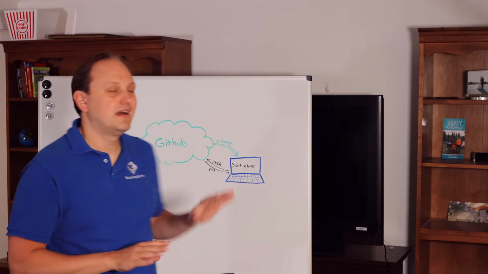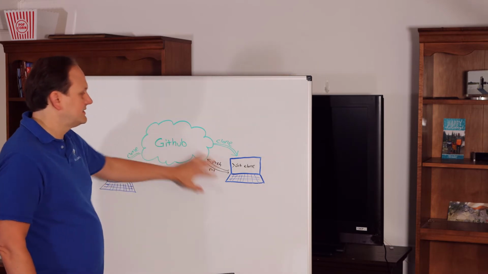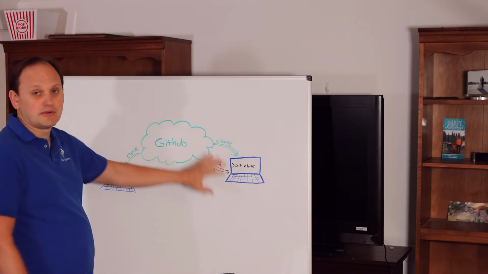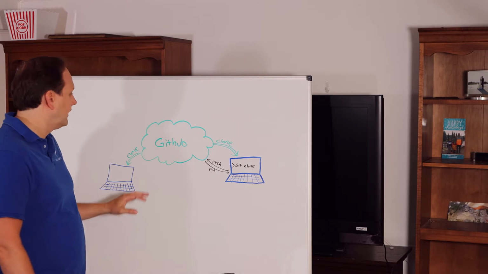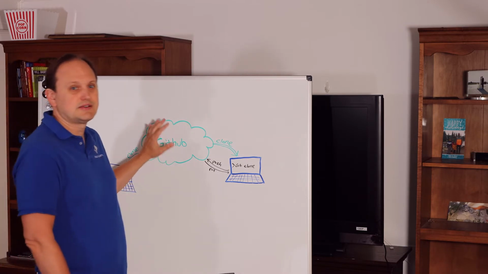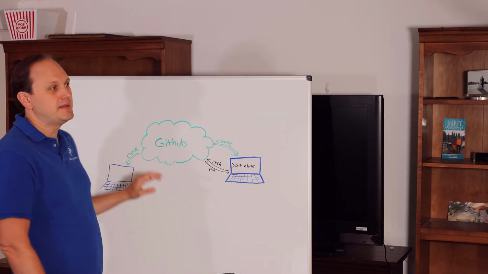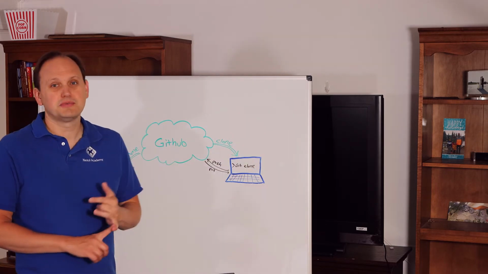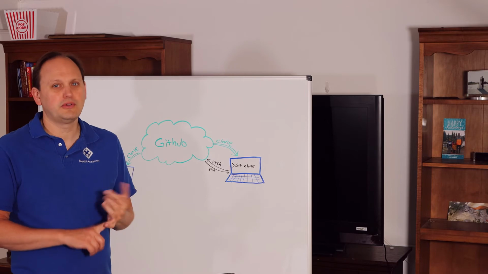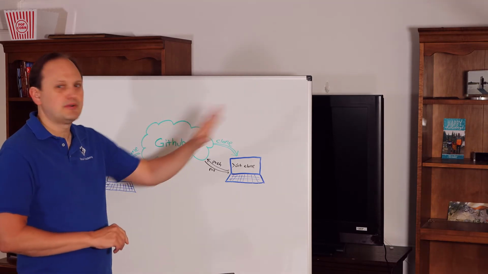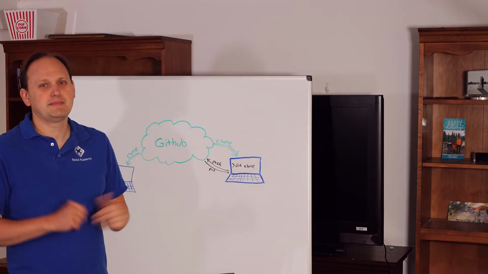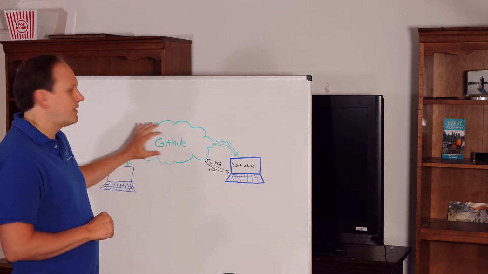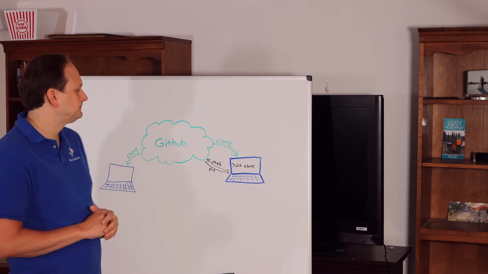But the real power of GitHub is not just as a backup provider, but as a way to collaborate with other people and share your work so others can see it. You'll see a lot of open source projects and portfolio projects on GitHub. People say, hey, I put my code up on GitHub, go look at it. Maybe please hire me. So github.com is a great resource for that.